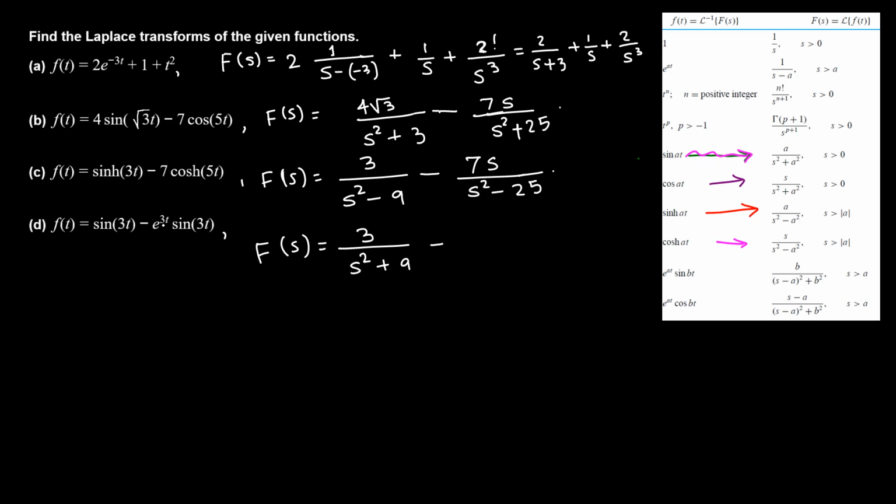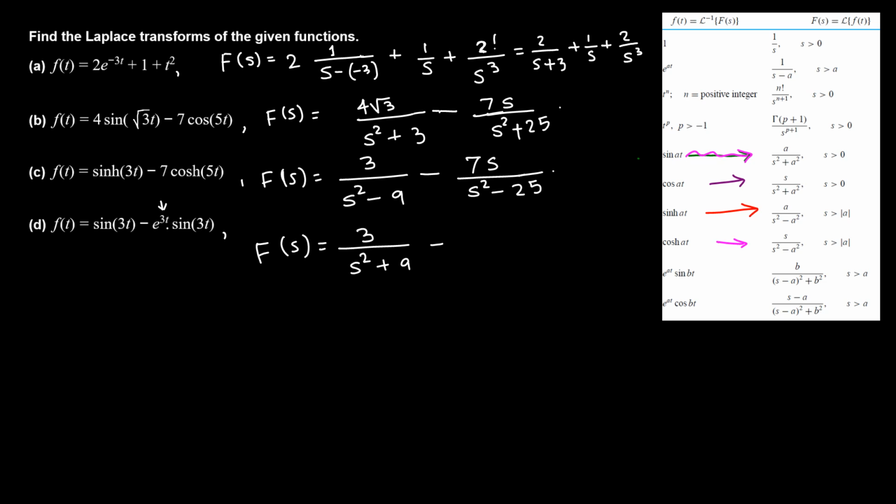What happens is when we have a product of a function with an exponential function, we find the Laplace of this function sine 3t, which is this, and this exponential function shifts everything to the right by this 3. So this is the same thing, but shifted 3 units, so s becomes s minus 3 quantity squared.